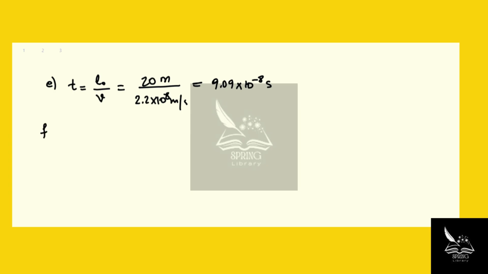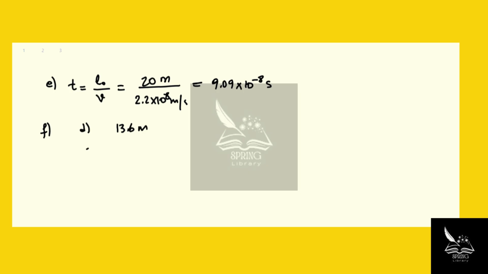Now in part F, we're asked what time the rabbit measures for this interval, because according to the rabbit it didn't travel 20 meters, right? If you remember from part D, we had found the distance the rabbit traveled to be 13.6 meters.